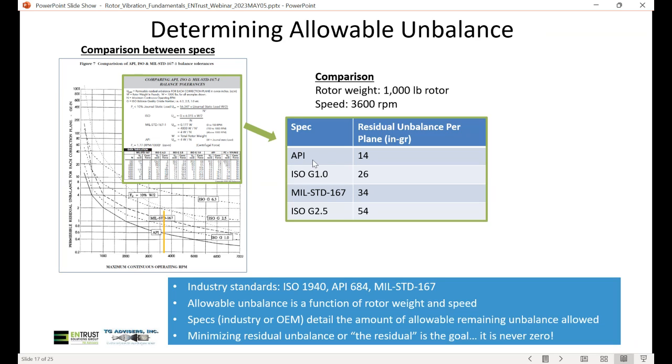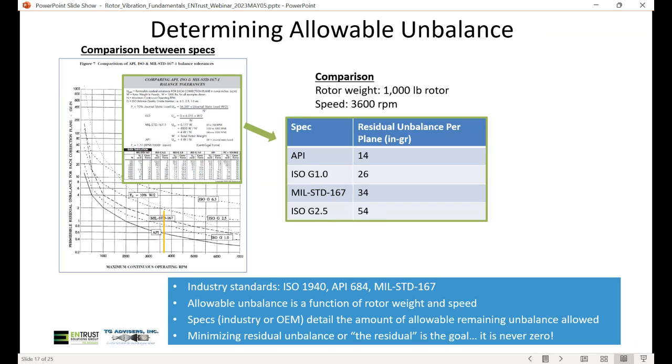And here are the various levels of allowable residual unbalance. The API is 14 inch grams. ISO with a balance grade of 1.0 is 26 inch grams. The mil spec 167 is 34 inch grams, and ISO balance grade 2.5 is 54 inch grams.